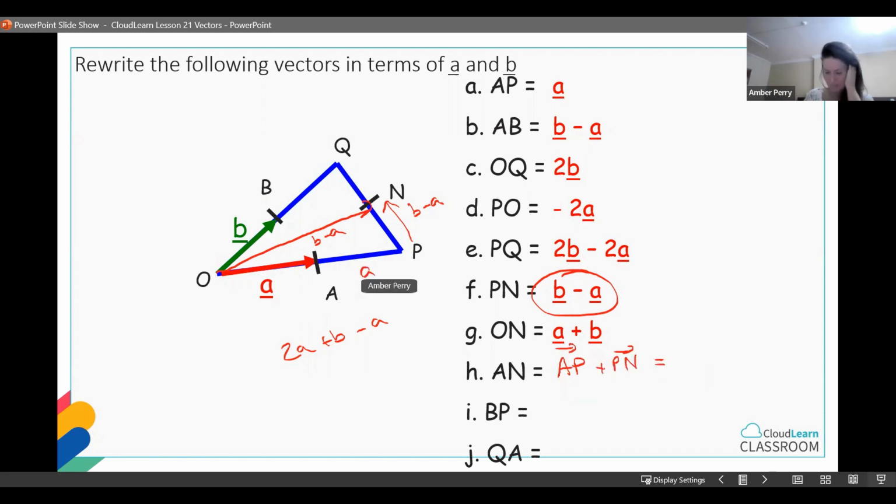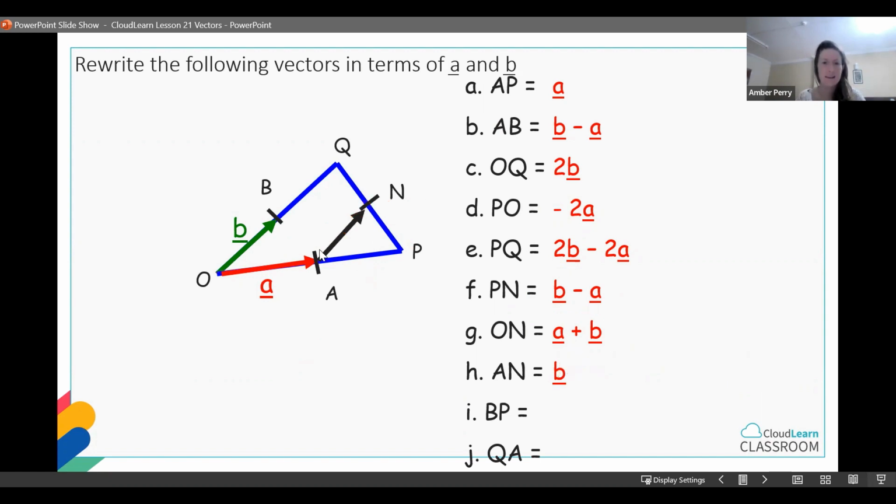AP is A, plus PN, which is plus B minus A. So AN is going to be A plus B take away that A, which is the same as vector B. If we clear the screen, you can see that makes logical sense, because this black arrow from A to N is parallel and in the same direction as this green arrow.